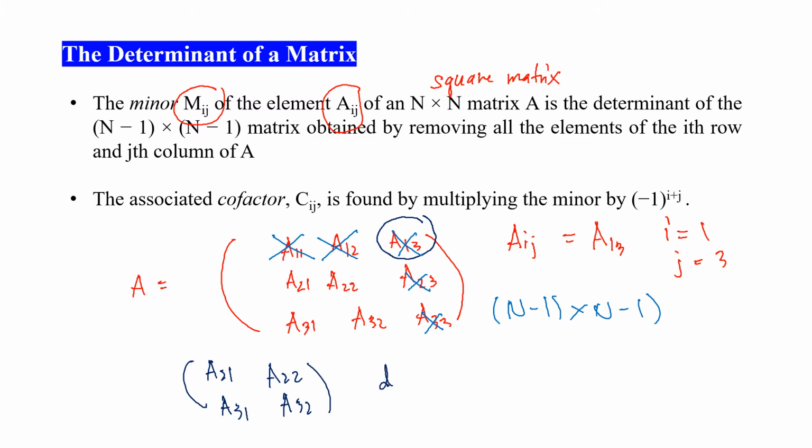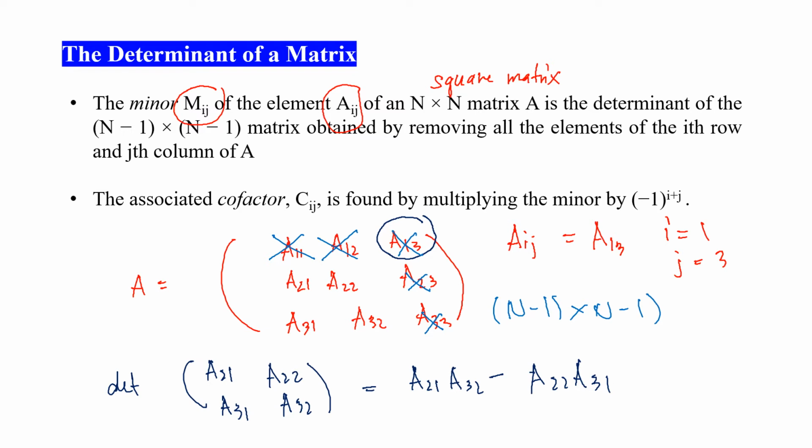And the determinant of this one is equal to your A21 times A32 minus your A22 times A31. So we just have an easy determinant for your 2 by 2 matrix.